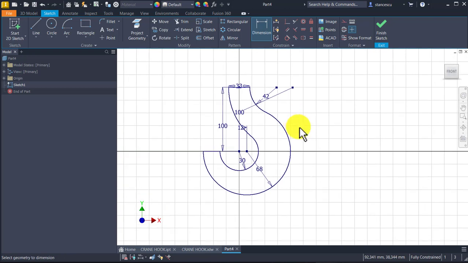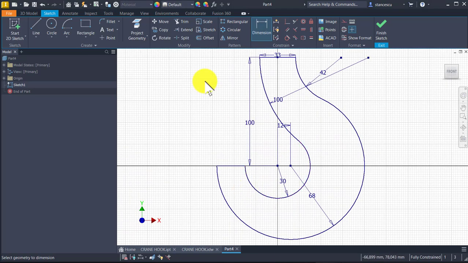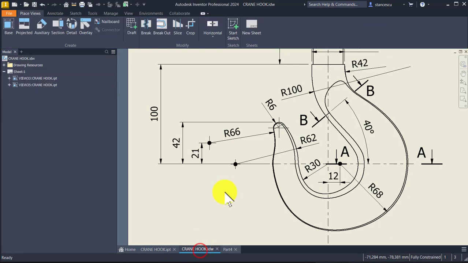Good, but this is not all. If we go to the drawing, we have to apply this. Radius 62, radius 6, radius 66 at 21, and 42 is the dimension up here. Or let's do this all.